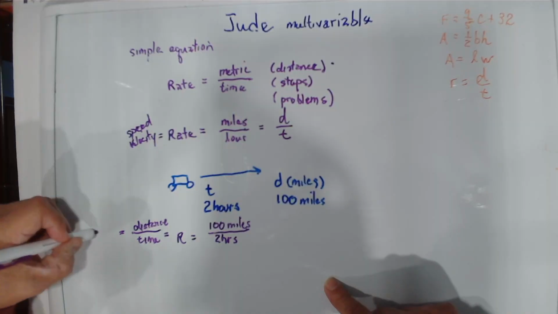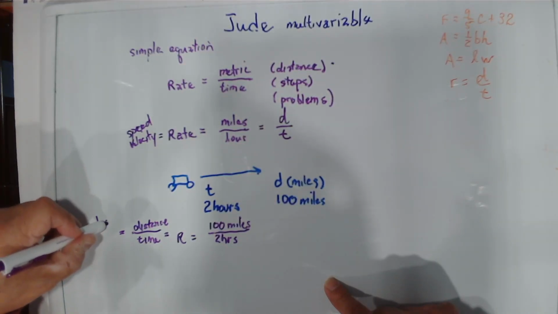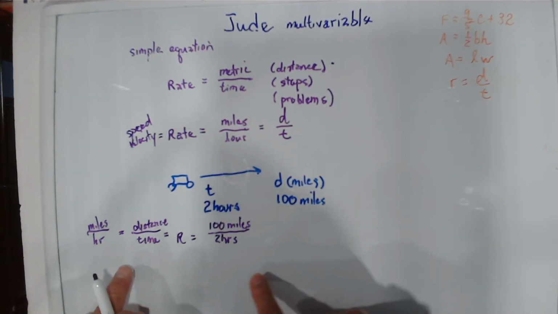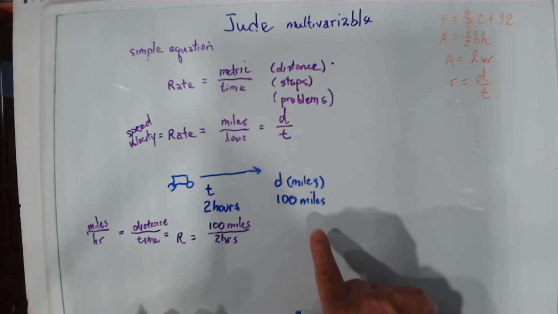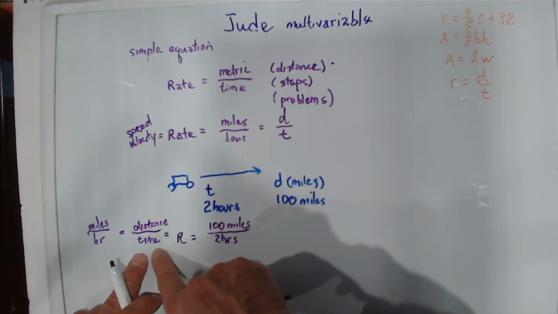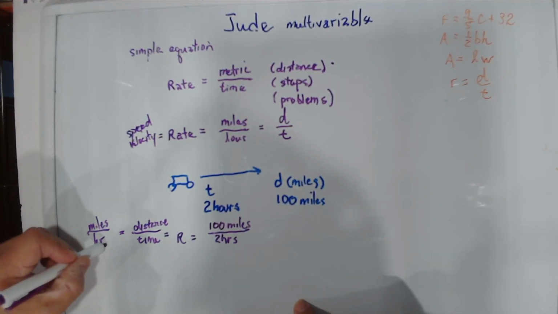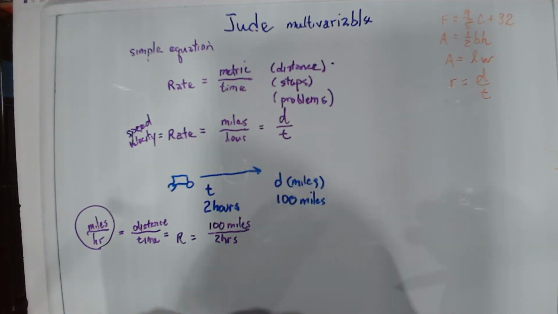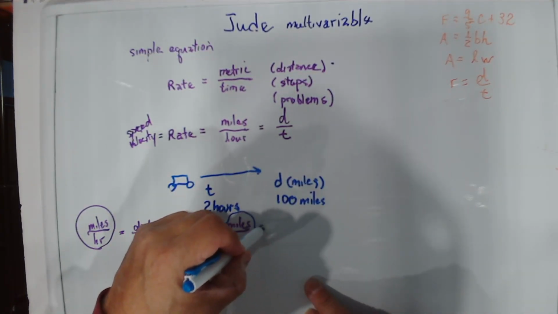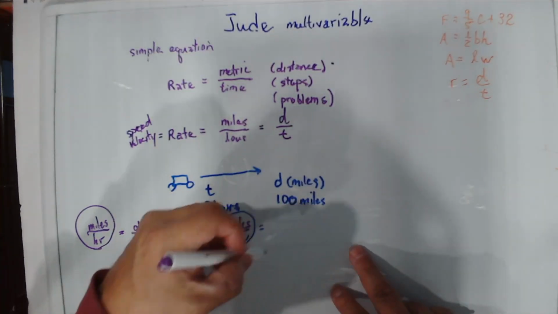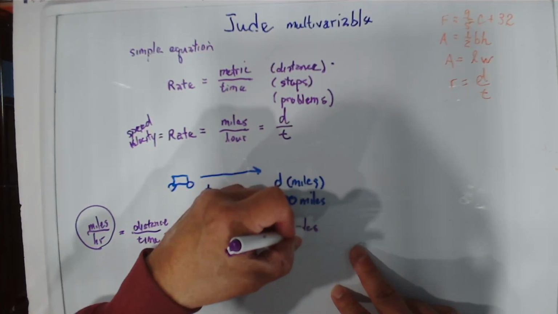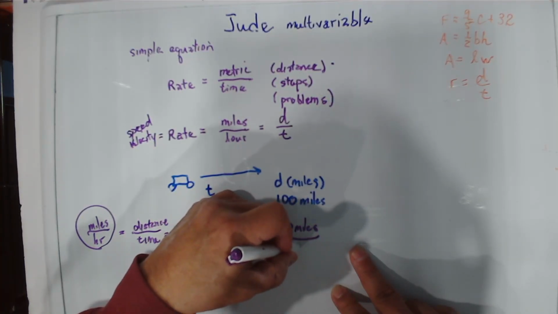In this case, we're doing miles per hour. So 100 divided by 2 is going to be 50 miles per hour.